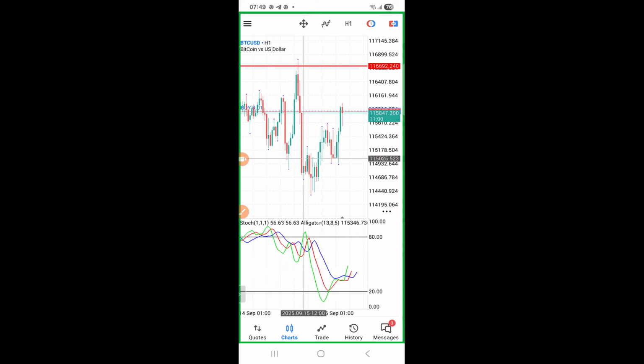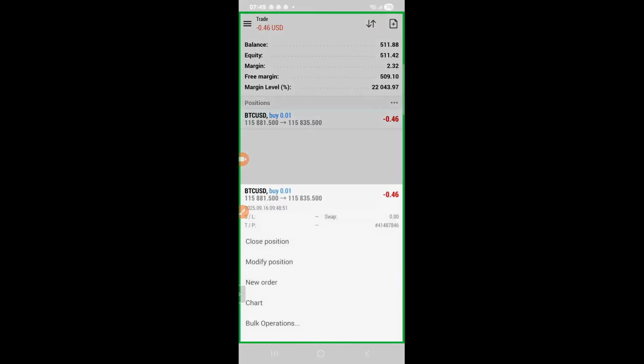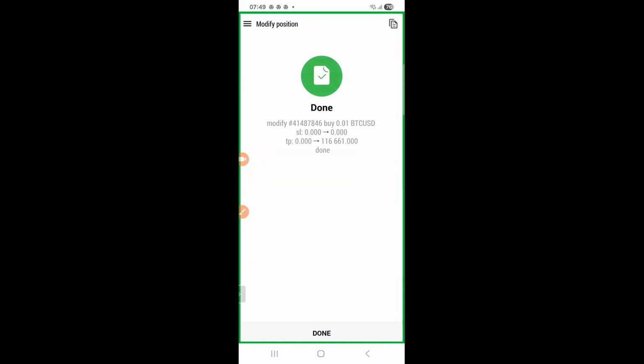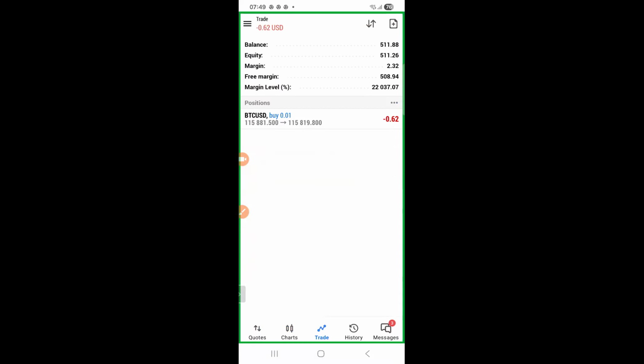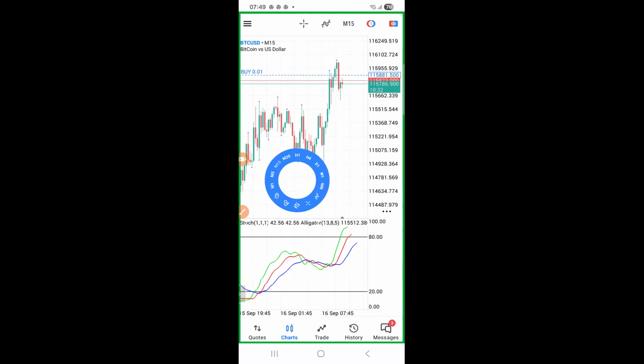So depending, maybe 116,000, right? 116,660, something like that. So I go there. 116,661, something like that. So I can find my stop loss. So definitely there are things you will need to review when you are looking at this market to get a proper entry.